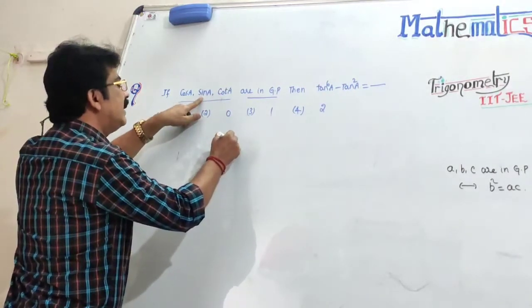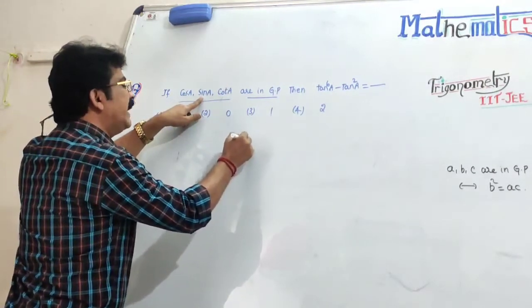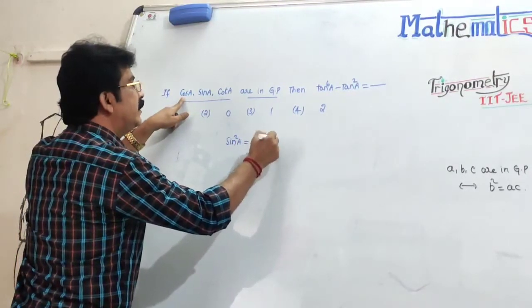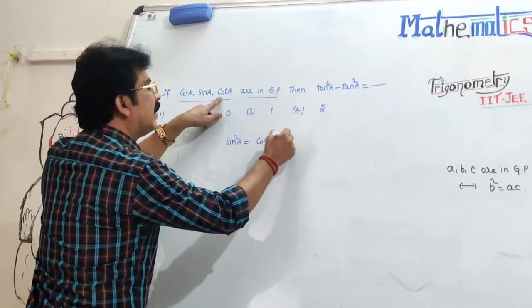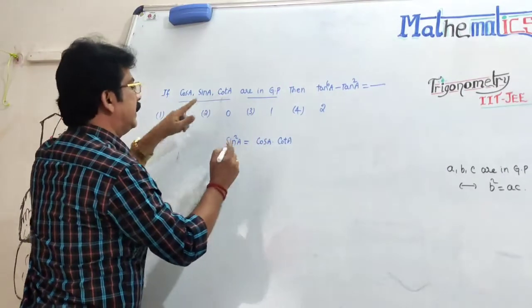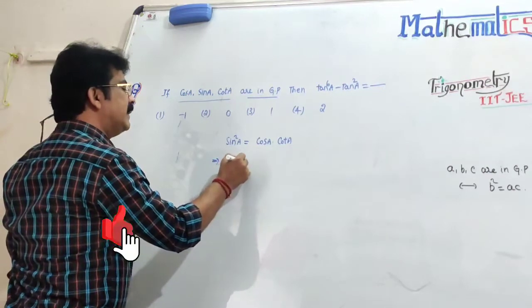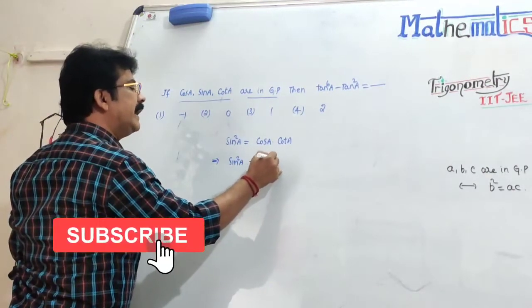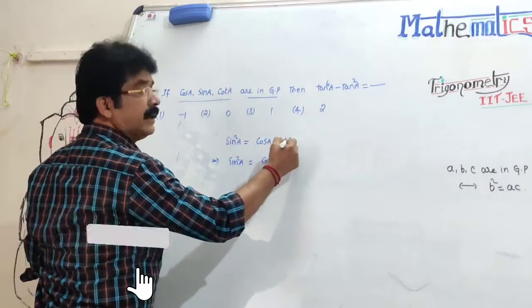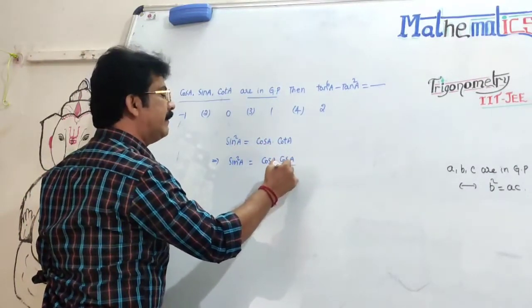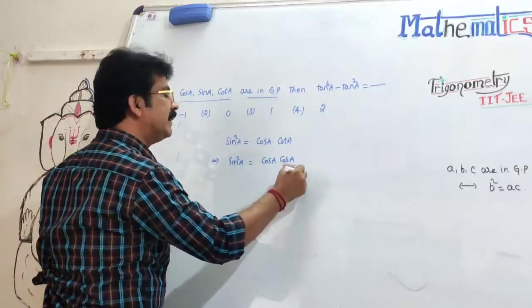B square means what? Sin square a is equal to AC, cos a into c. C means what? Cot a. So that implies sin square a is equal to cos a into cot a, and cot a is equal to cos a divided by sin a.